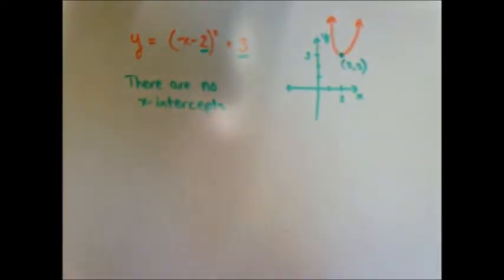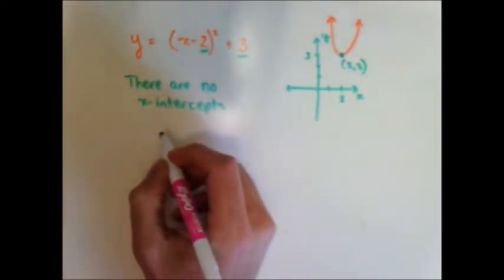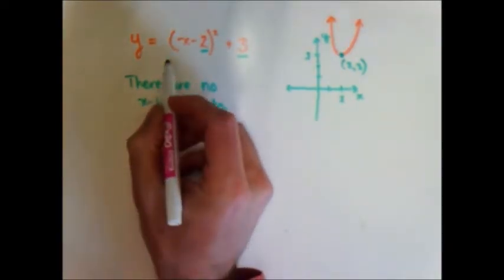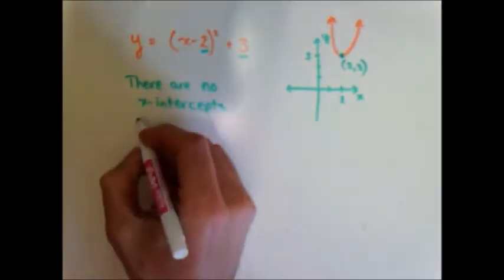Now that's not quite sufficient, judging it by the graph and the equation we're given. So we're going to verify that using the quadratic formula and find out what happens. In order to use the quadratic formula, first this needs to be rewritten in standard form.